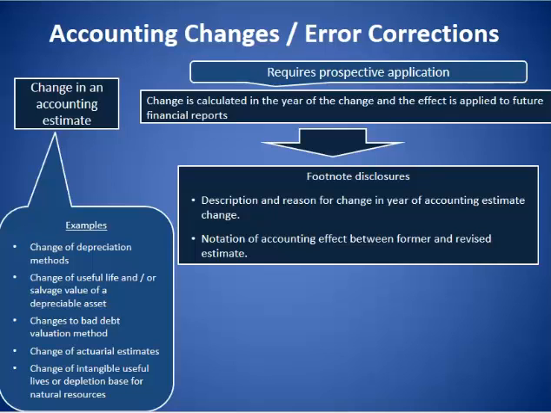Now, if we do have a change in an accounting estimate that is inseparable from a change in accounting principle, we need to account for that change as a change in estimate. In other words, that change in estimate will result in a prospective application. And again, that could be an example, a change in a method of depreciation, amortization, or depletion.